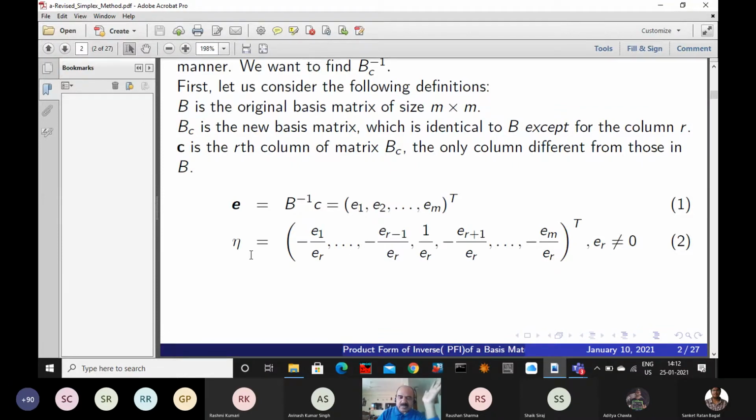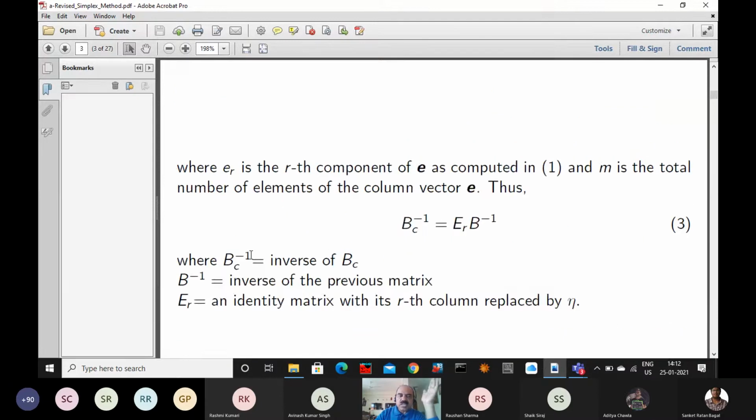Once eta is obtained, what will we do? We will compute BC inverse equal to ER into B inverse. Which B inverse? B presently is the identity matrix, so its inverse is also identity. So now BC inverse equals ER into B inverse.